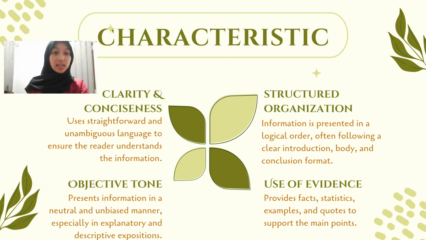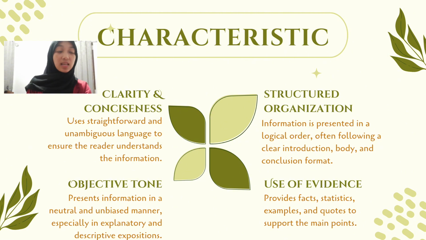Next are the characteristics of exposition text. Exposition texts have several characteristics that set them apart from other types of writing. First is clarity and conciseness. Use straightforward and unambiguous language to ensure the reader understands the information. 2 is structured organization.